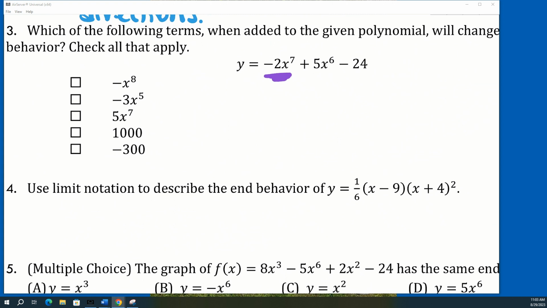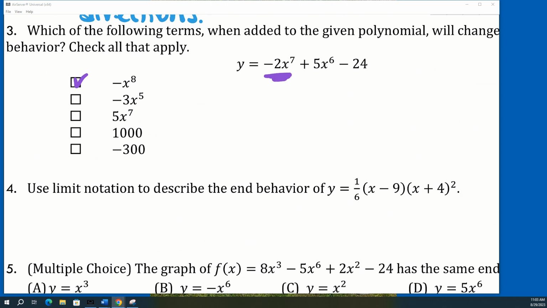So if I added negative x to the 8th, would that change the end behavior? It would. It would change the degree. So that's going to, instead of pointing like this, it's going to point like this. What about adding negative 3x to the 5th? That'll change some stuff in the middle. It's not going to change anything on the ends.